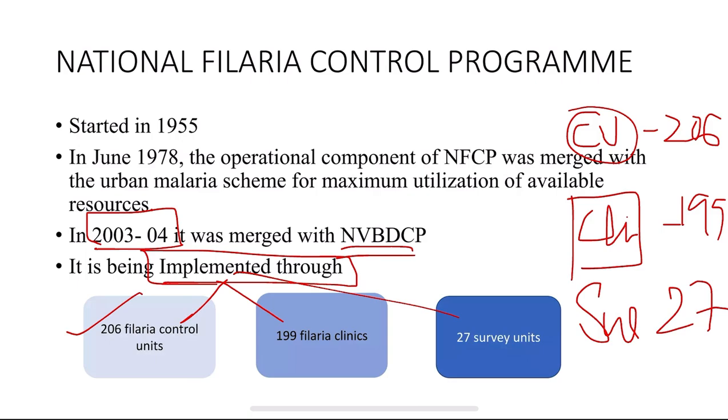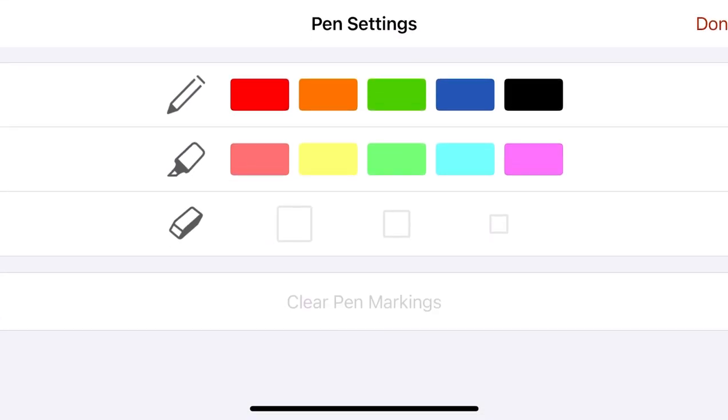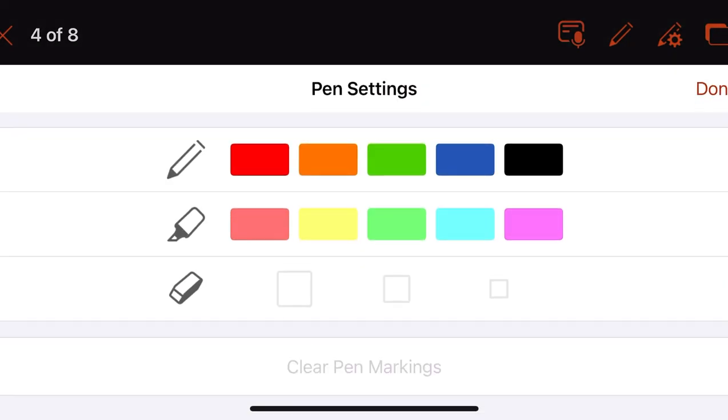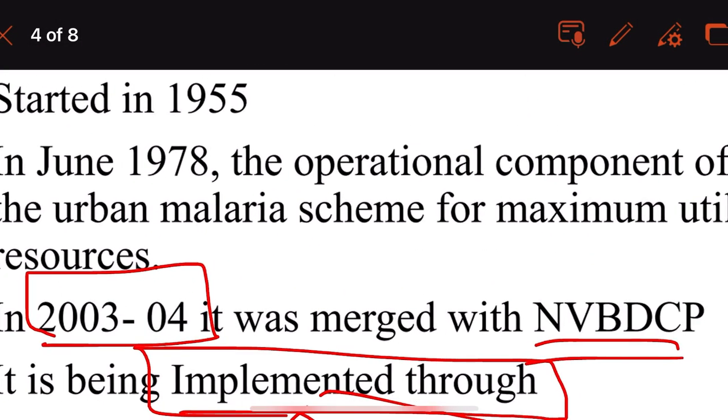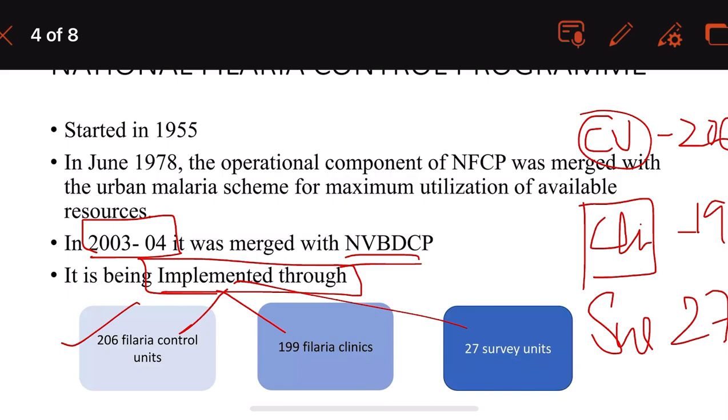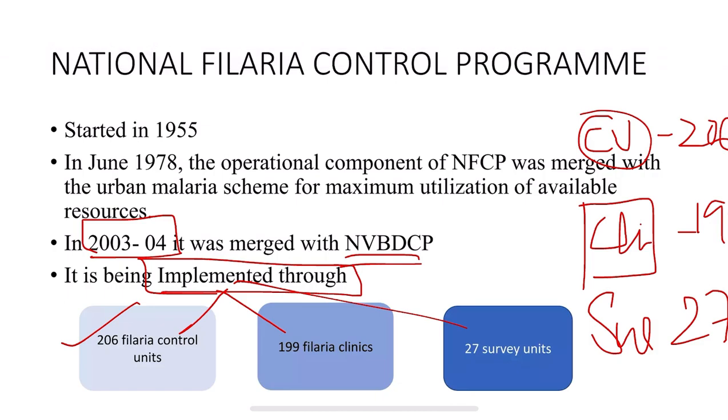We see the control program was launched in 1955. In 1978, the National Filaria Control Program merged with the Urban Malaria Scheme. And in 2003-04, it merged with the National Vector-Borne Disease Control Program. And how did they work towards the elimination? By setting up filaria control units, filaria clinics and survey units. We saw the numbers.